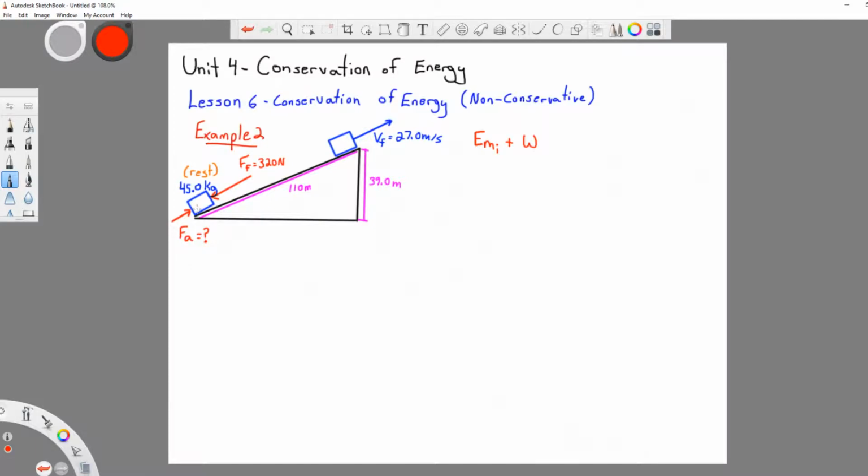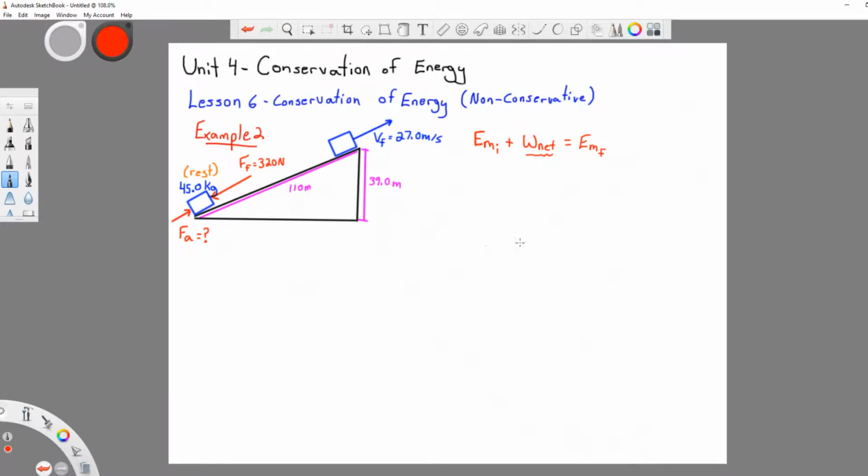But I'm going to say that this is the work done by our net forces. Alright, then that is going to equal our energy mechanical final.